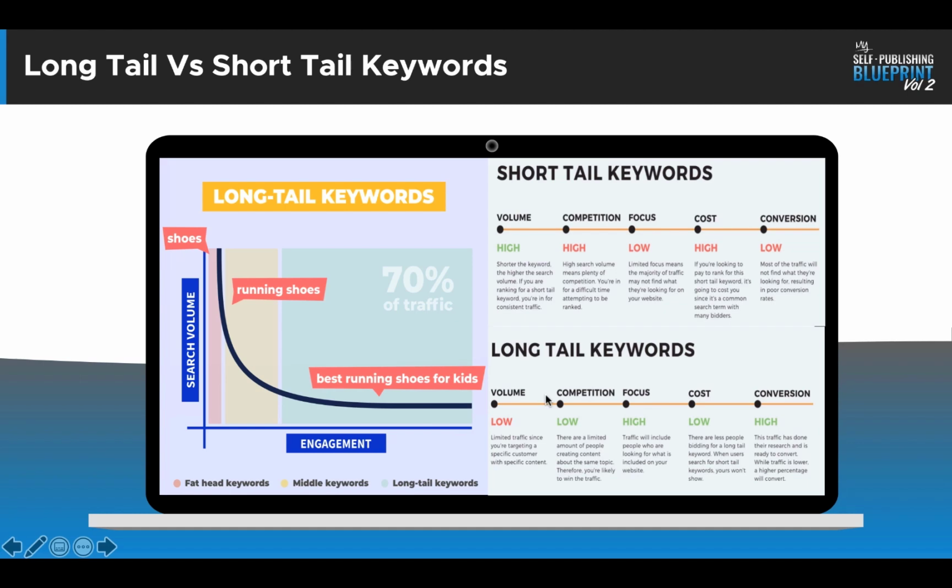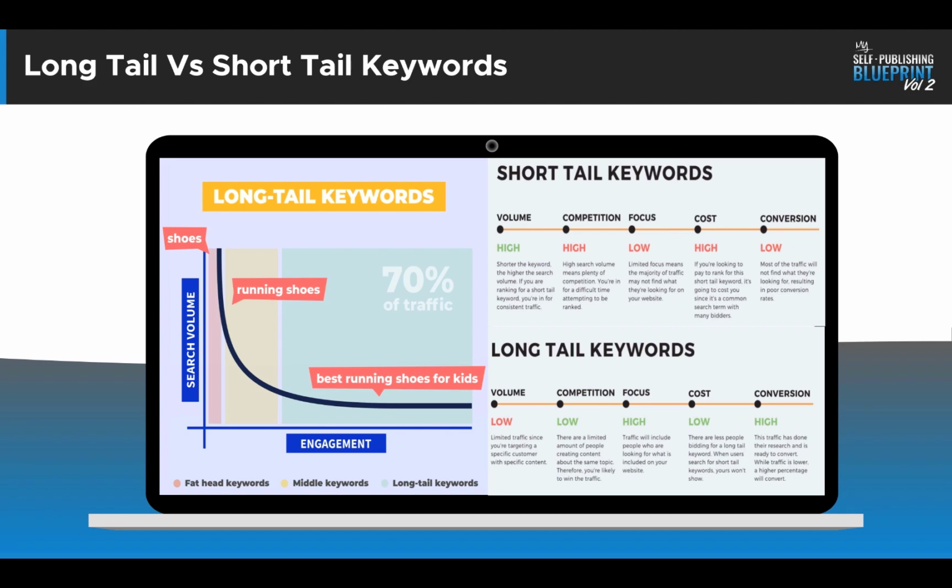Okay, now long tail keywords. Volume is limited traffic since you're targeting a specific customer with specific content. Competition: there's a limited number of people creating content about the same topic, therefore you're likely to win the traffic. Your focus is high. Traffic will include people who are already looking for what is included on your Amazon page.